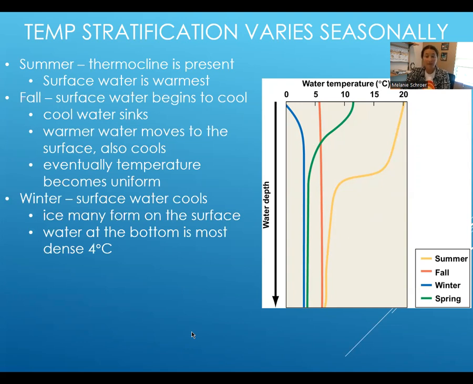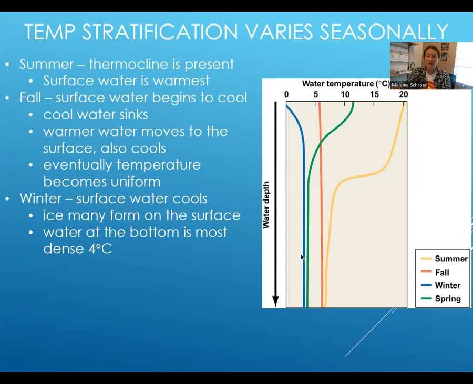In the wintertime, the water at the surface is going to cool even more. Sometimes the water at the surface can actually be colder than the water farther down. Sometimes even ice can form. And a cool thing about water is that ice, which is cold, is actually less dense than water, and so it is going to float, kind of insulating this warmer water down here.